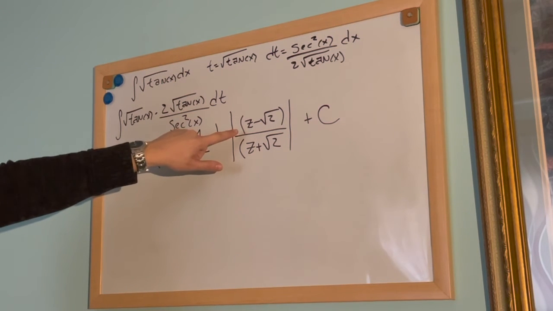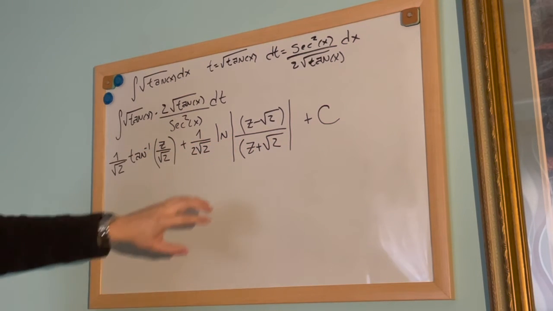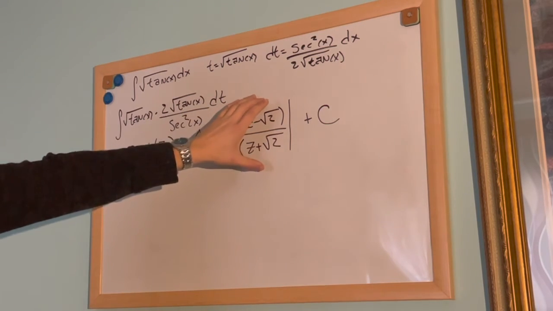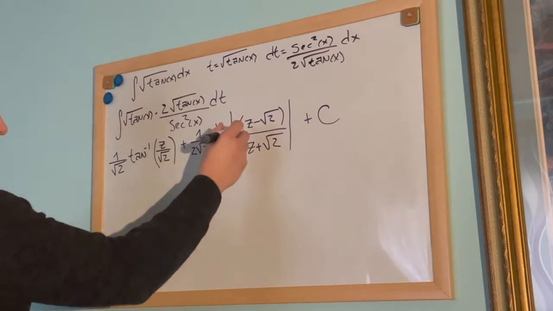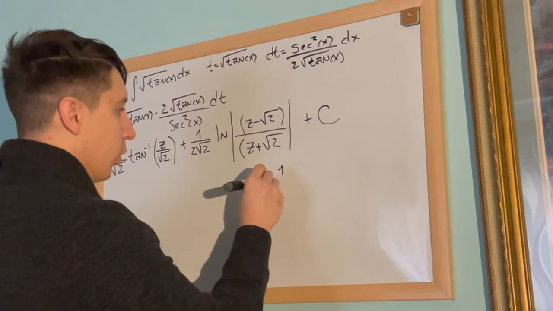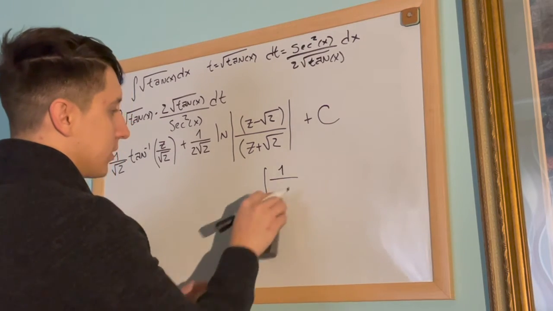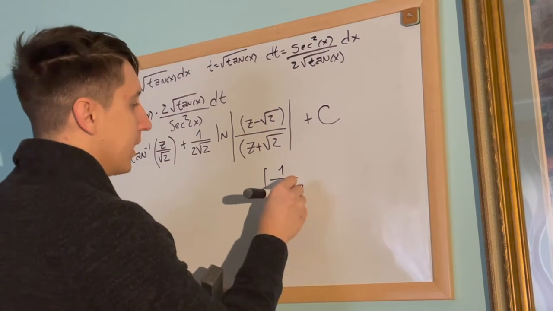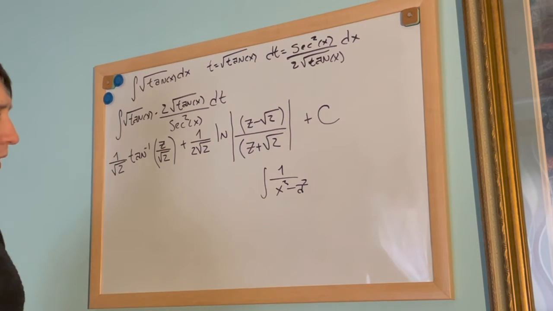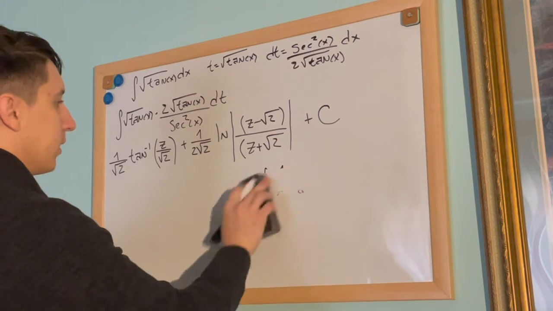Our z was defined, if you remember. Now, this side and this side are going to be a little bit different. We said on this side, it was that integral where it was 1 over x squared minus a squared, and this side it was the 1 over x squared plus a squared right there.